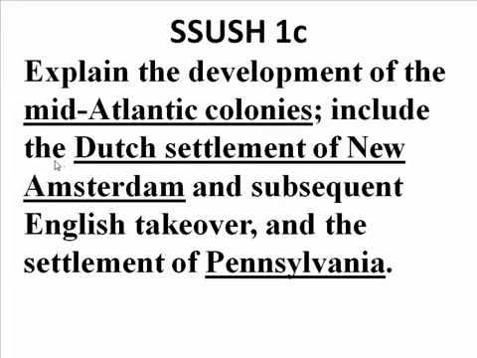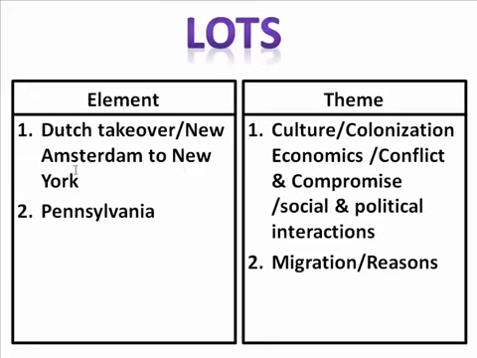Okay, so we see the Dutch settlement of New Amsterdam. So we need to talk about this Dutch settlement of New Amsterdam. The British are going to change the name of New Amsterdam to New York, and then we're going to talk about Pennsylvania. Theme, we're going to see Dutch culture, even in New York today, and then we're going to see the colonization of that area by the English as well.